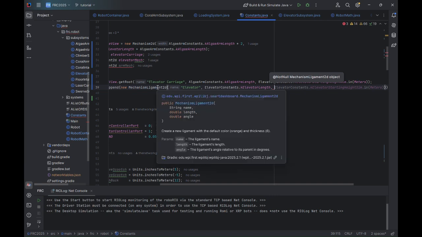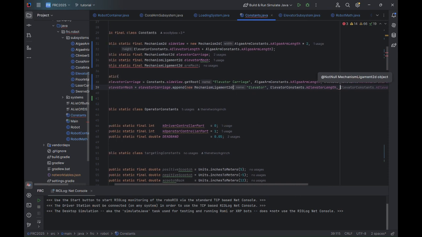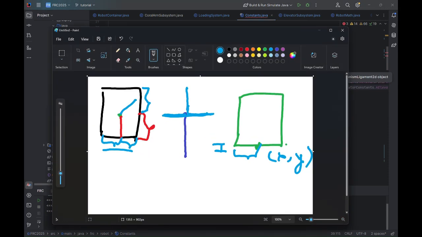I don't know why it doesn't show up. Okay, it's the angle. So for the elevator angle, if you think of that, you're starting right here. No, actually, you're starting right here. And the pivot point and the elevator should be like here, because you move the pivot up and you extend the elevator down.